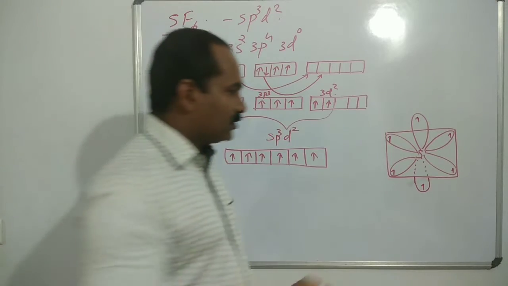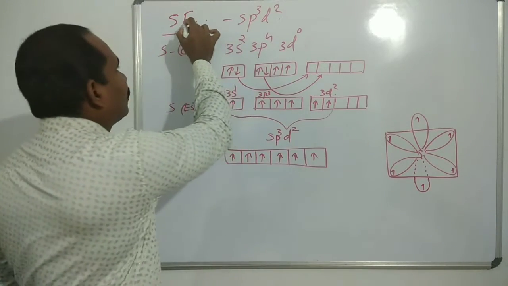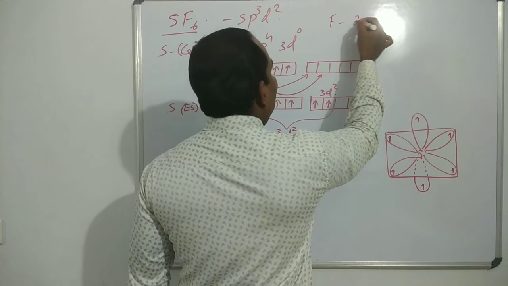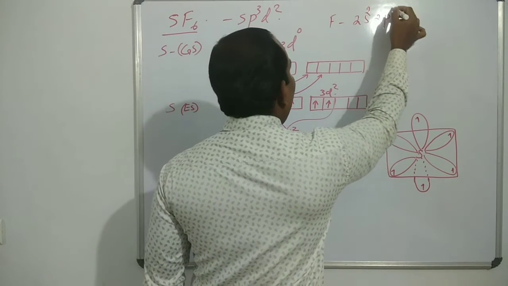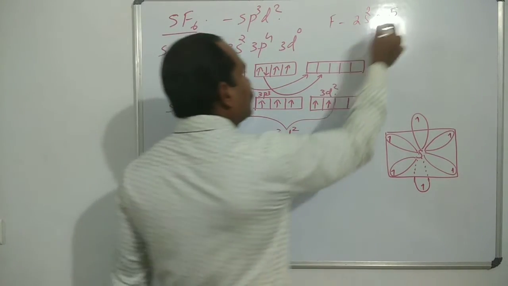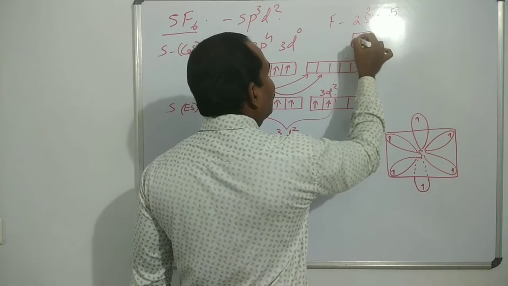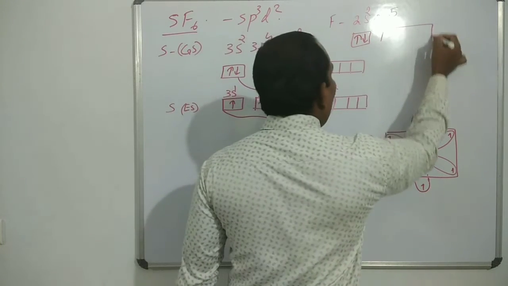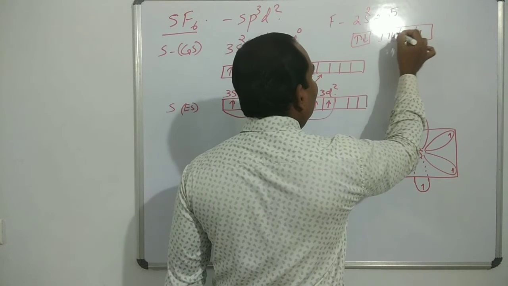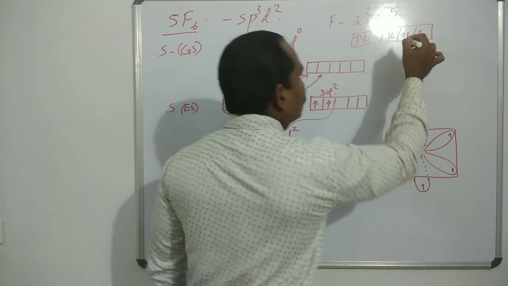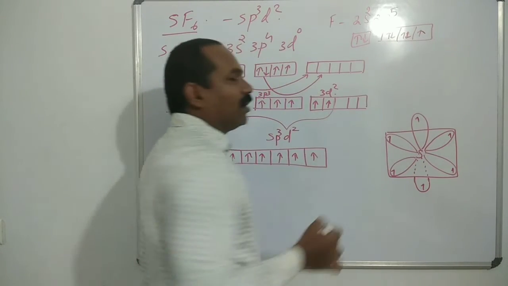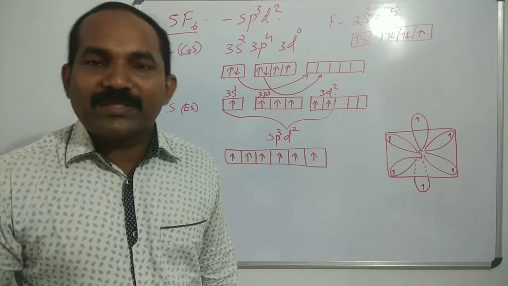Are you clear? Yes. Then the F atom, fluorine atom. Fluorine has the electronic configuration 2s2, 2p5. The s orbital has 2 electrons, the p orbitals 5 electrons. 1, 2, 3, 4, 5. One of the orbitals is singly occupied.